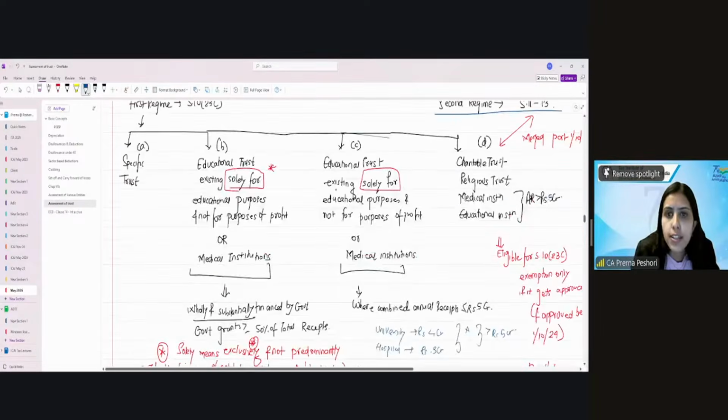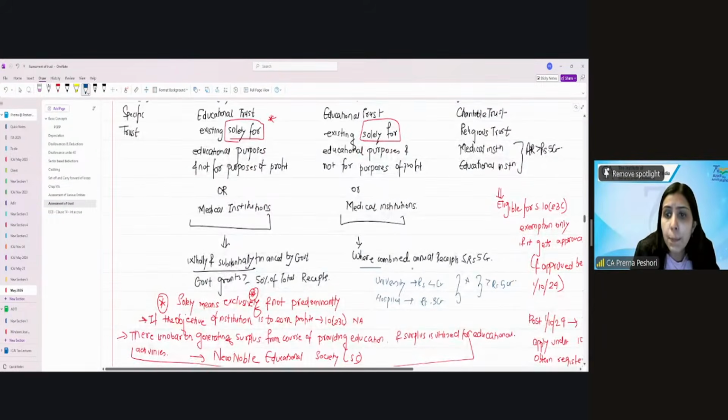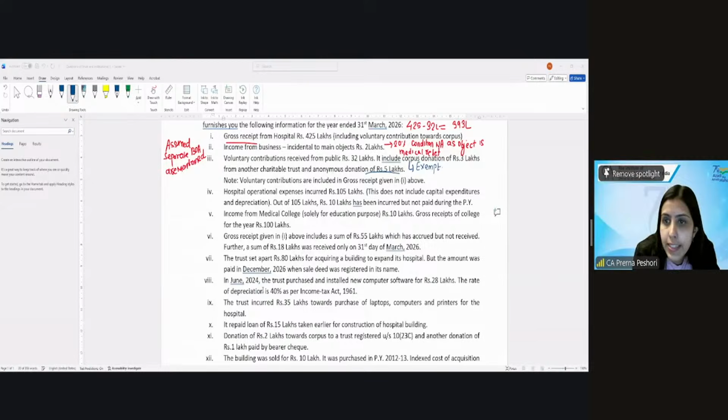Educational institution existing solely for educational purposes, where the combined annual receipts are less than 5 crore, then in that case, they are unconditionally exempt. Yes or no? So here, its income is 100 lakh, which is 1 crore.